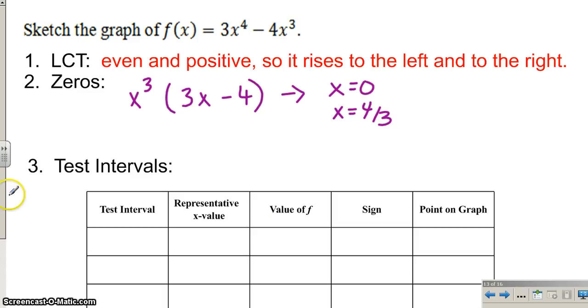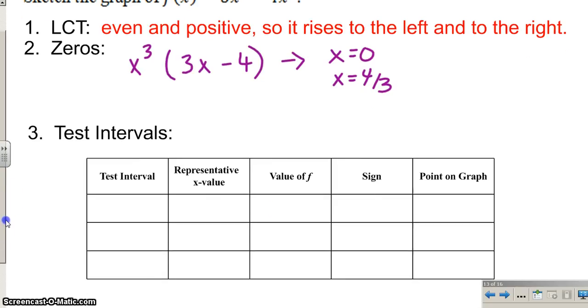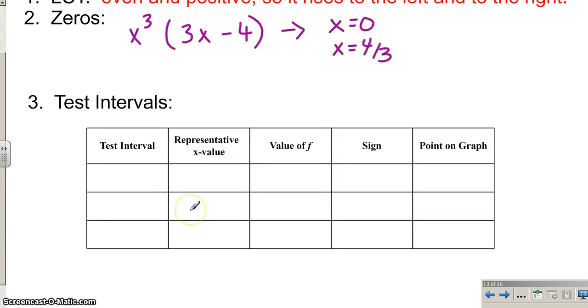So what we want to do now is test our intervals to figure out what our graph is really going to look like. We know that it has at most 3 turning points and at most 4 zeros. So it actually only ends up having 2 zeros because we do have 1 zero with a multiplicity. So for the test intervals, you want to think of intervals that relate to your zeros here.